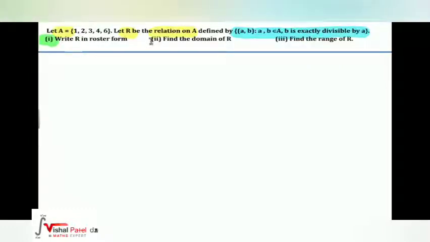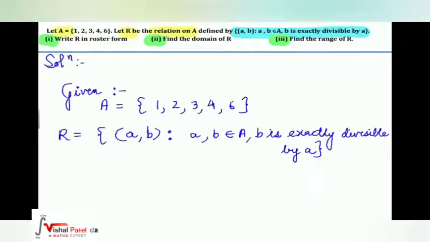Write the relation in roster form, and find its domain and range of R. So here A is given as 1, 2, 3, 4 and 6. 5 is skipped, 5 is skipped here. And R is equal to (a, b), where a, b belong to A and b is exactly divisible by a.